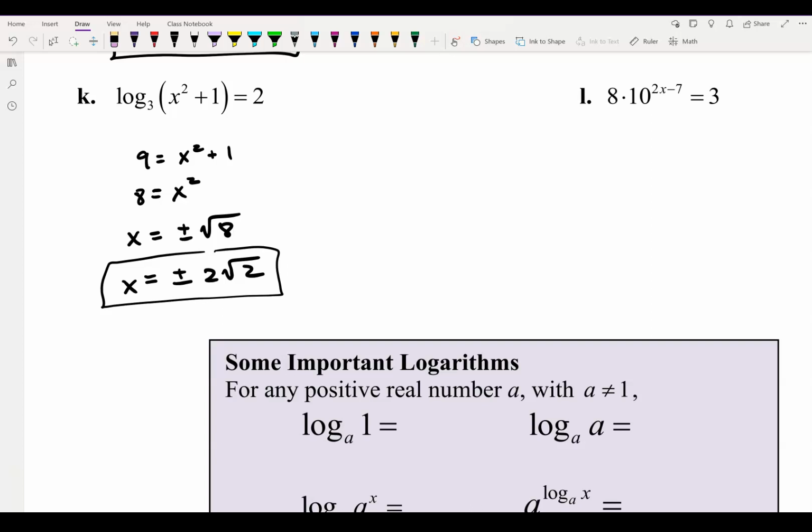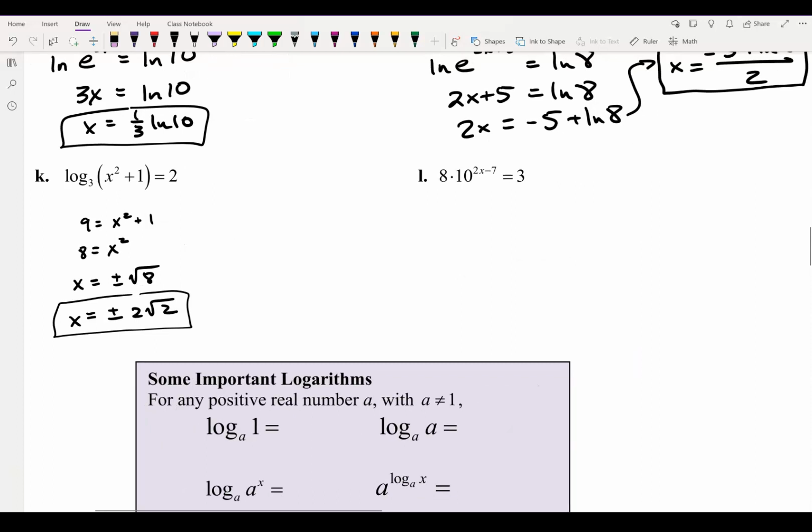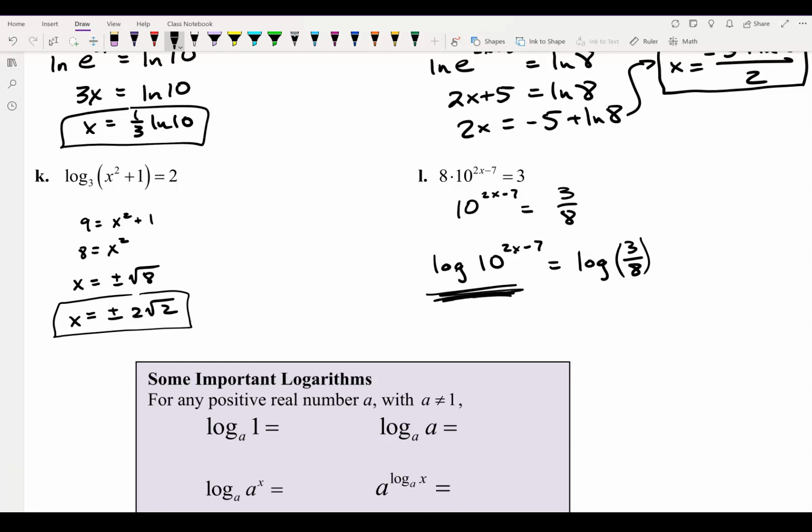Okay, let's see. Looking at part L, let's go ahead and get the 10 on its own. So I'm going to write 10 to the 2x minus 7 equals 3 over 8. Now we're going to take log base 10 of both sides. I'm just going to write log like this. The base is assumed, 3 over 8, like that. And this is asking for the exponent that 10, the base, right, there's a little invisible 10 down here that I'm not writing, is raised to get 10 to the 2x minus 7.